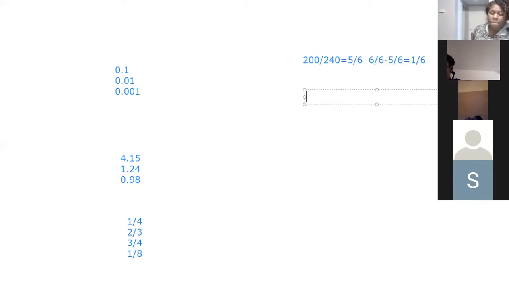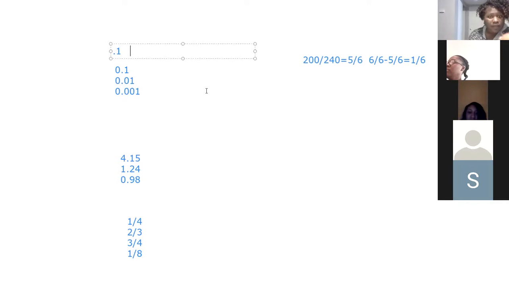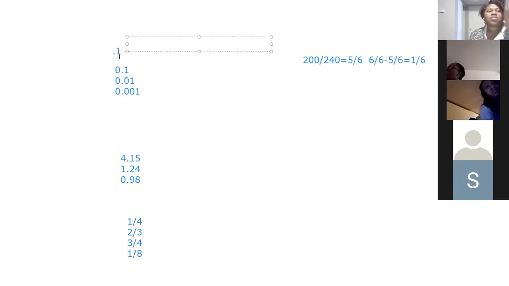Okay, so let's look at decimal place value. First of all, rules about decimals. There are no naked decimal points, because this could be misread as 1.